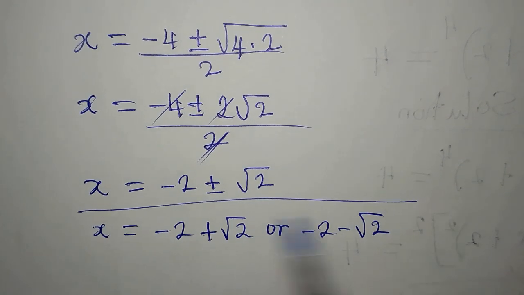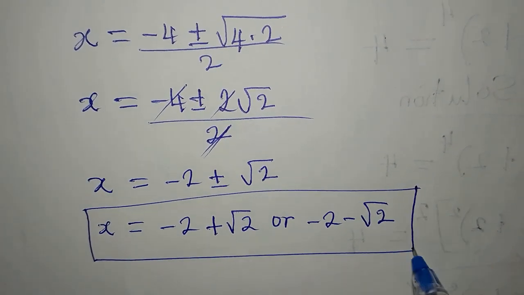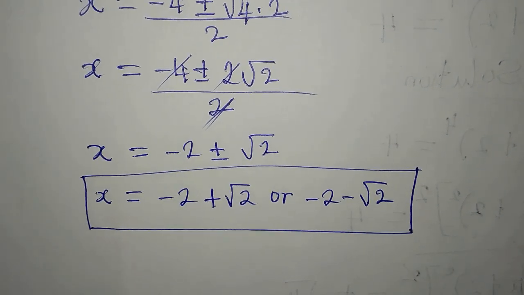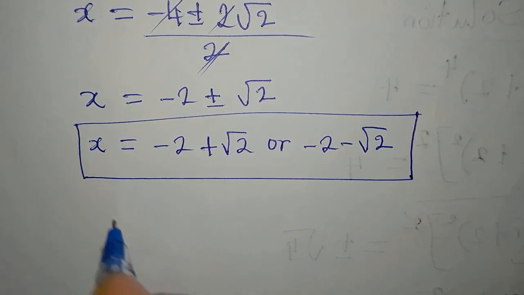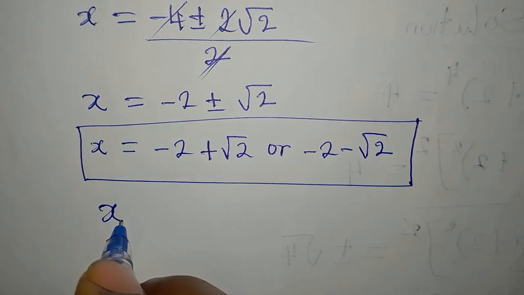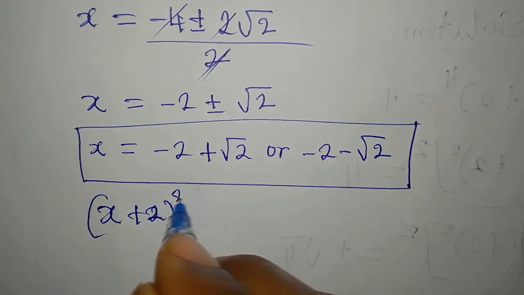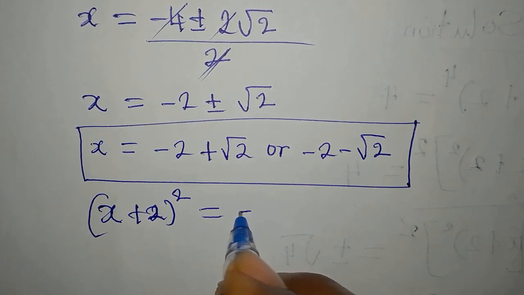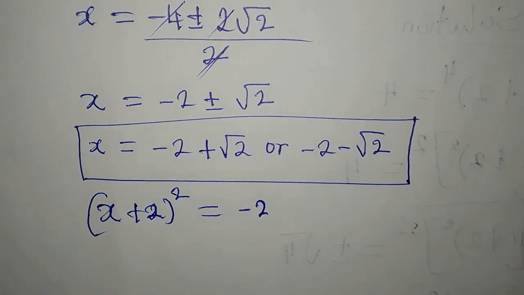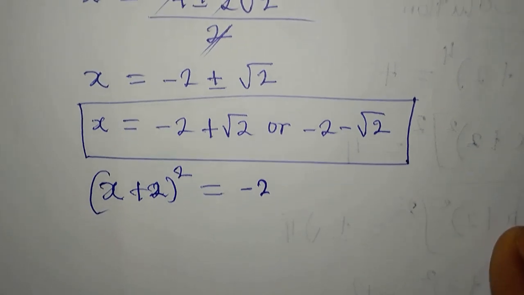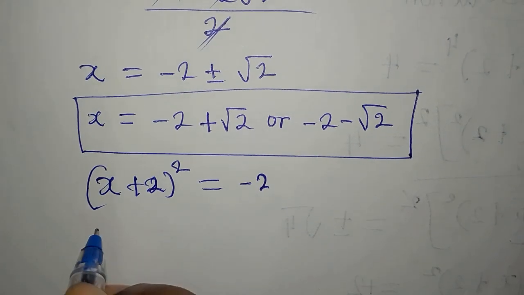So from here we have two solutions to the equation. But then we still have another equation to consider. So we're going back to what we left before: (x + 2)^2 equals negative 2. The one we used before is plus 2. Now we are using negative 2. Now if you expand this, what do you have?